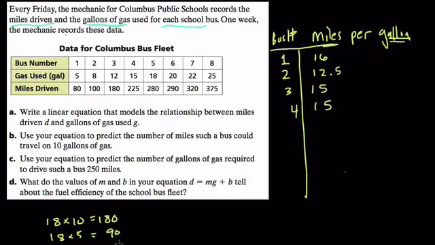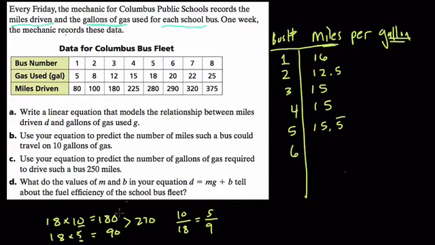That's 180, and 90 is 270. So that means 18 times 15 gets us 270. So bus number 5 is 15 with a remainder of 10, but 10/18. If we reduce that, we get 5/9. 5/9 is 0.5 repeating, so we have that.